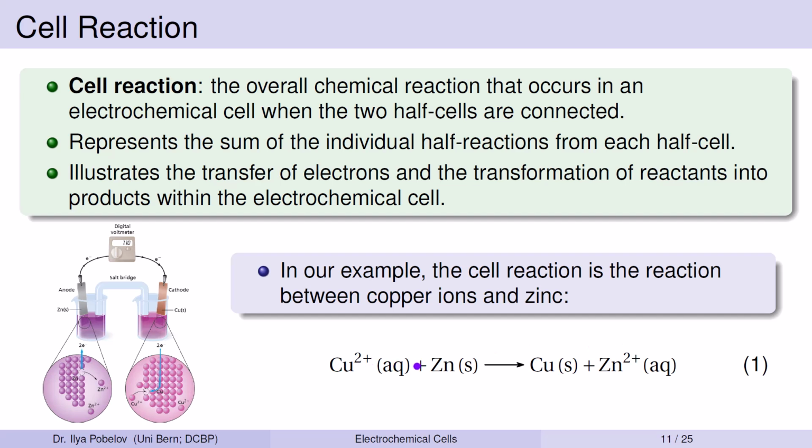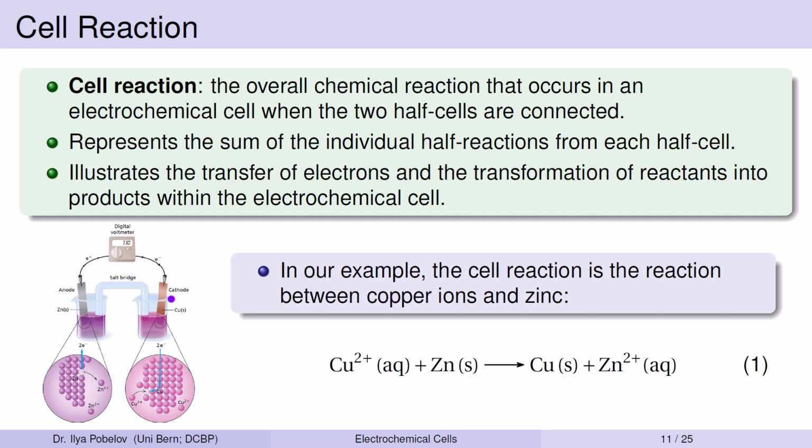When this cell reaction is allowed to proceed spontaneously, zinc at the anode undergoes oxidation, releasing electrons and zinc ions into the solution. These electrons travel through the external circuit to the copper cathode.